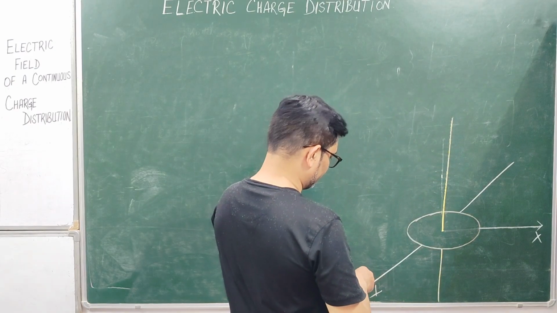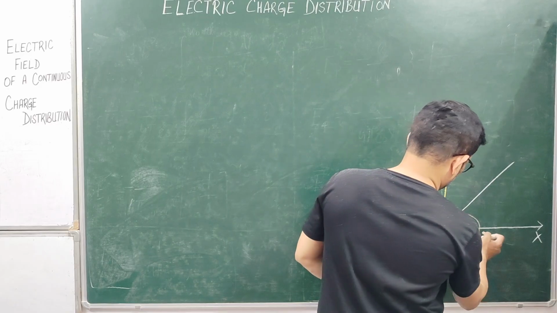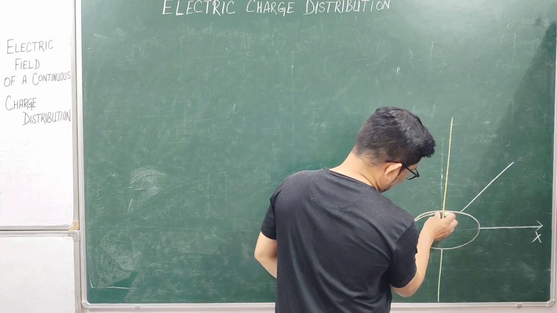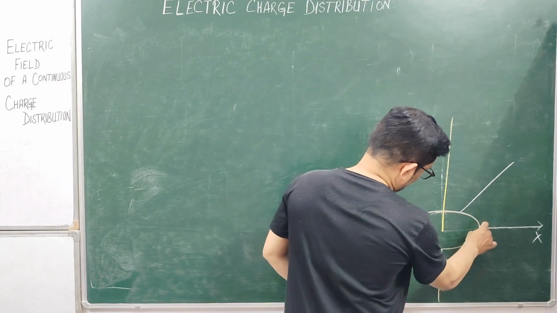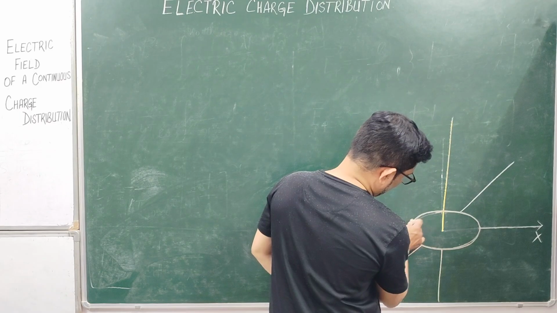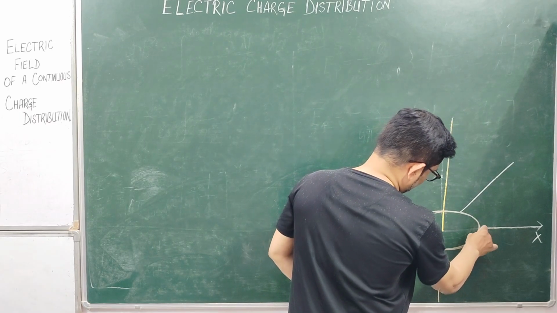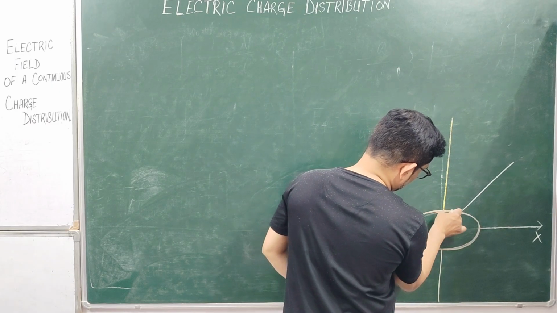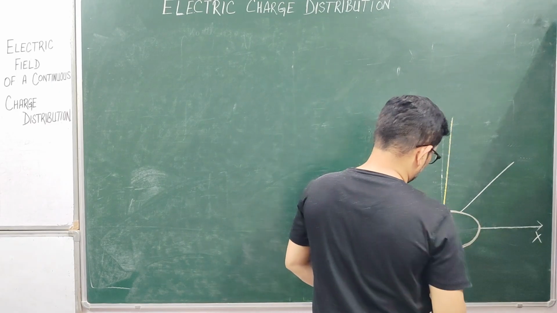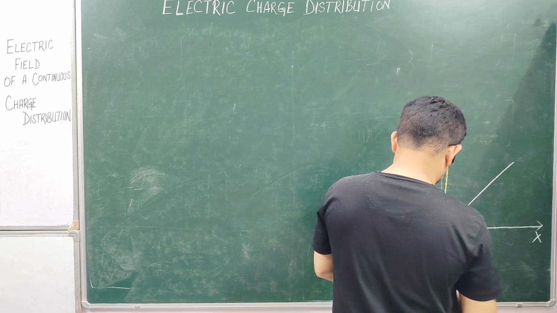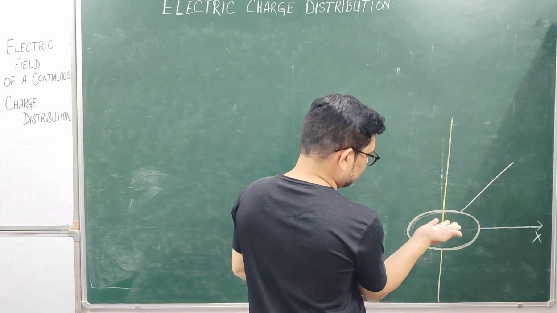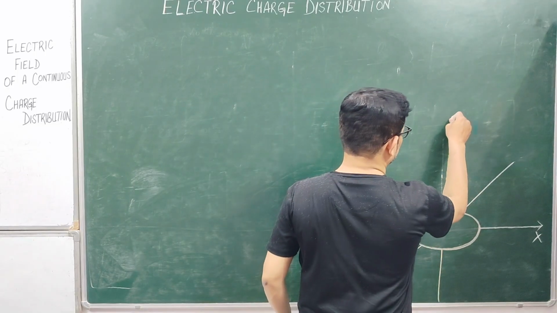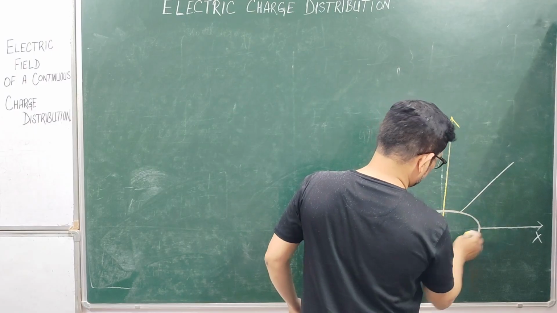So this is the kind of diagram we can try to imagine, that you have a ring which is placed on the xy plane, and this ring is a charged ring, right? It is a charged ring with a positive value q, the total charge, and the z-axis is passing right through its center, perpendicular to this, right?